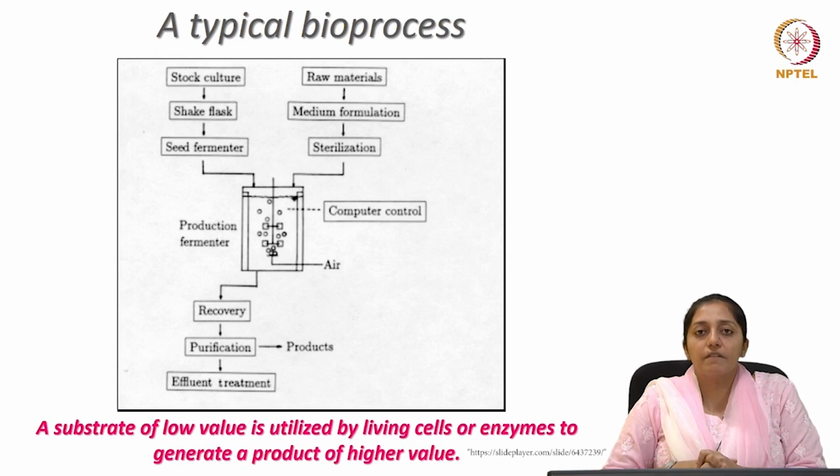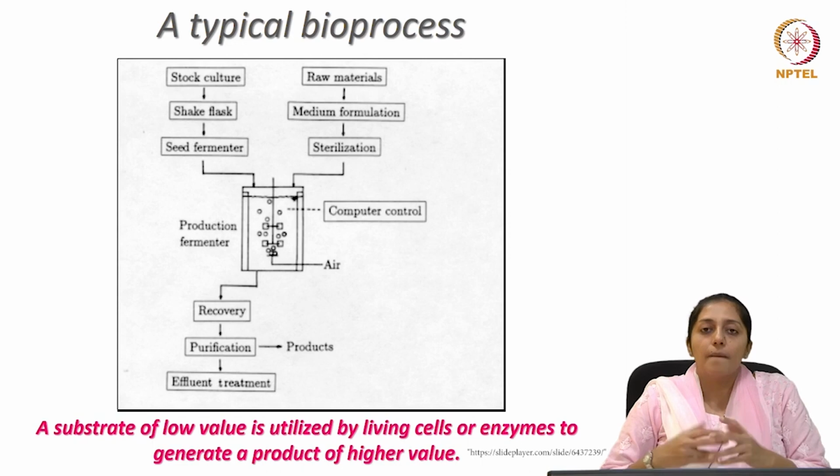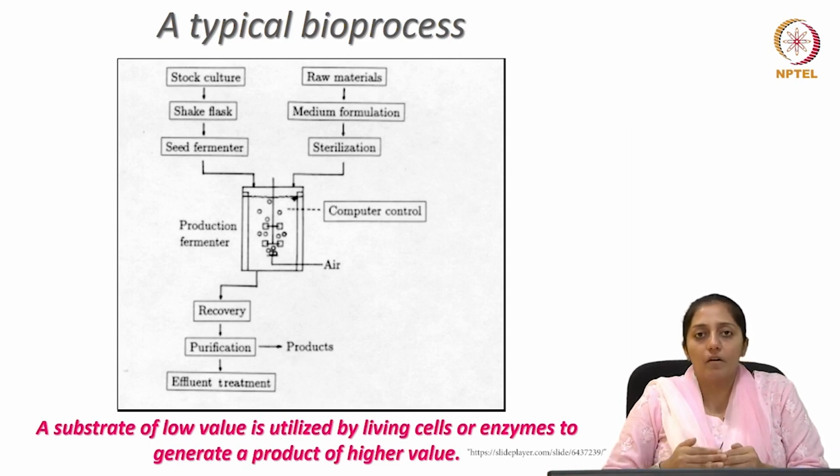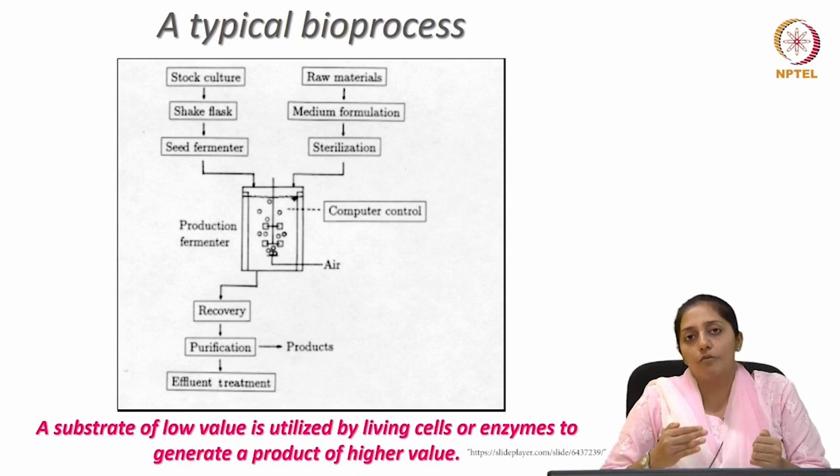There is a sparging device through which air can be continuously sparged inside the reactor to make oxygen available for growth of the organism. Then below the reactor, the steps involved come under downstream processing, which involves the recovery of the product, which may involve separation of the product from the biomass.